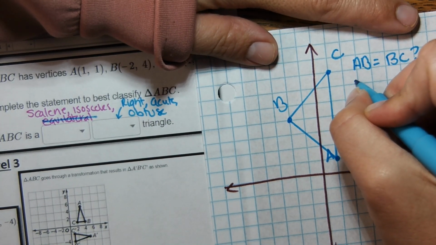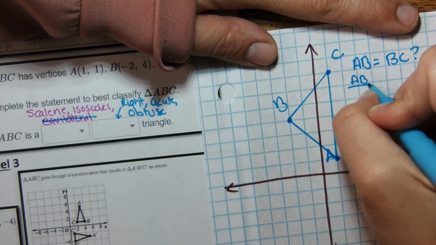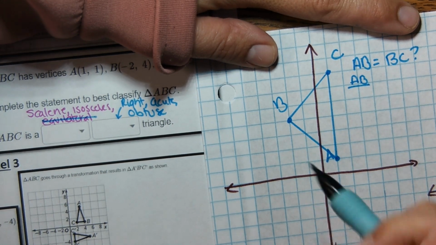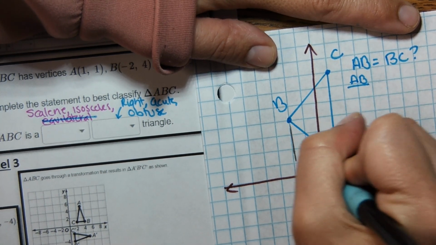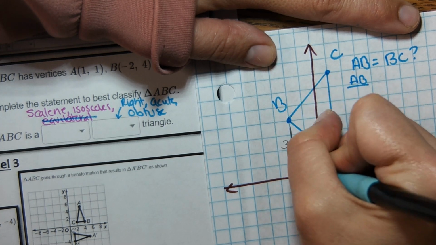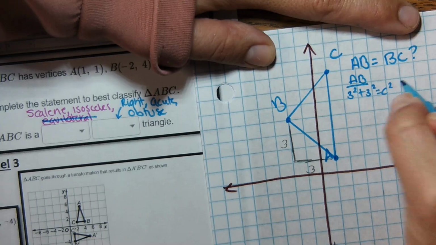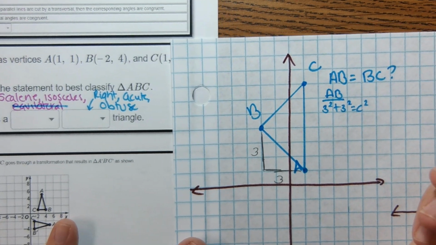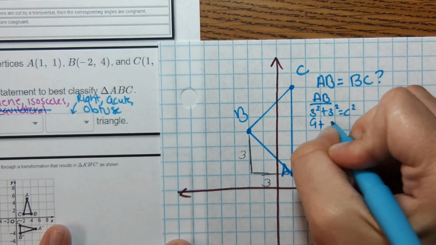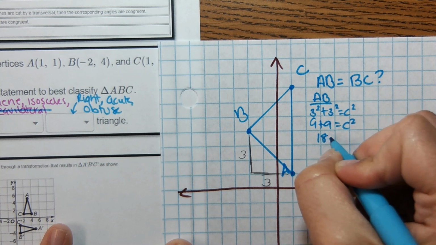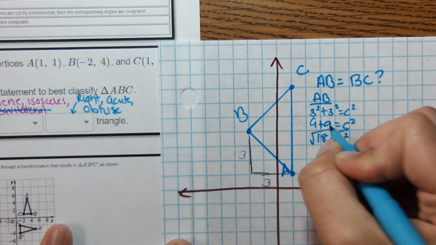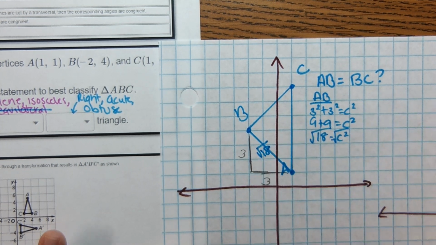So I want to find the length of AB. The way I would find the length of AB is I would use the Pythagorean theorem and 3 units by 3 units. I can do 3 squared plus 3 squared equals C squared. 9 plus 9 equals C squared. 18 equals C squared. And I can just leave it like this. So the length of this is square root of 18.